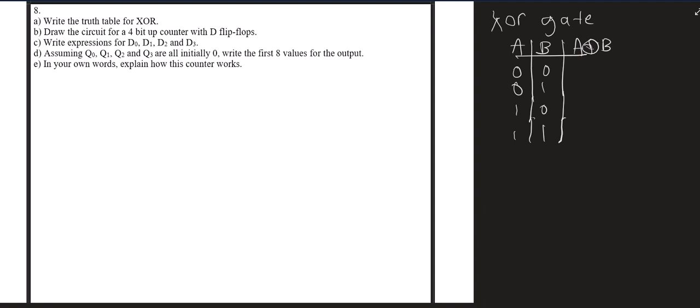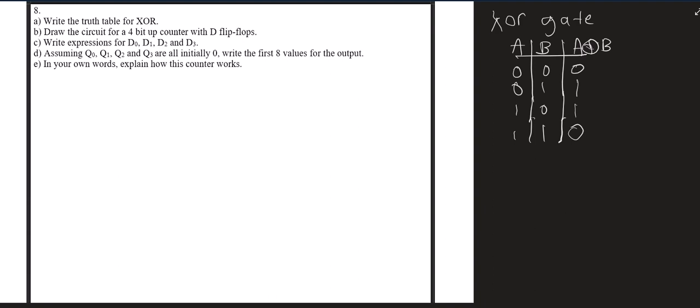And it's 0 otherwise. So 0 because there's no 1, 1 because there's a 1, 1 because there's a 1, and 0 because there are two 1s. If you have more than two inputs, an exclusive OR is 1 if you have an odd number of 1s. So if you had a whole bunch of things exclusive ORed together.